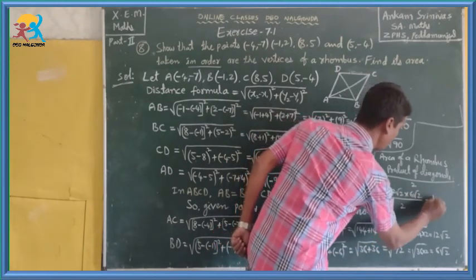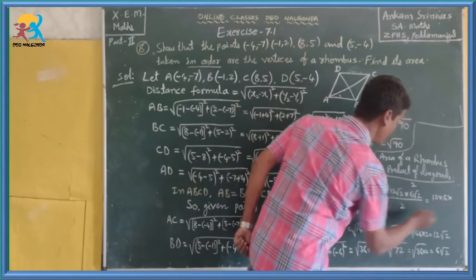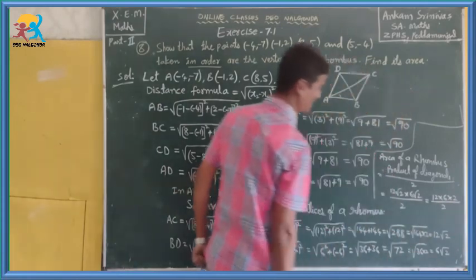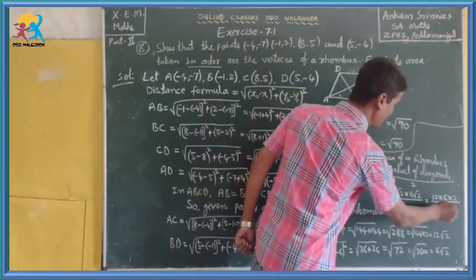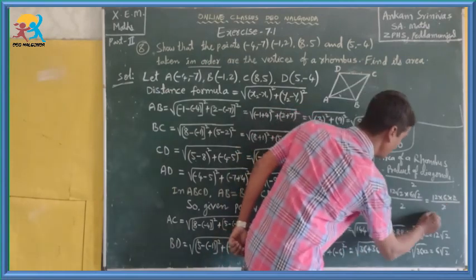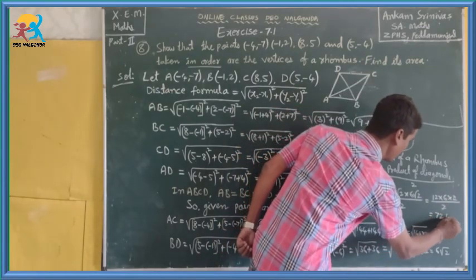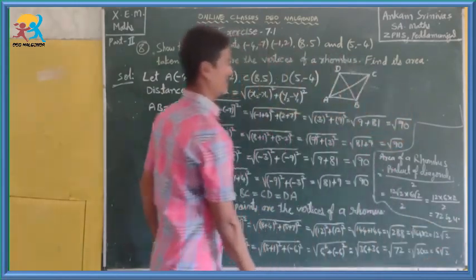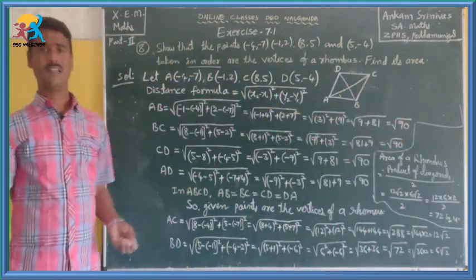Then we get 12 into 6 into root 2 into root 2, by 2. Then the 2 cancels. We get 12 into 6, which is 72 square units. So, this is the answer, very easy.